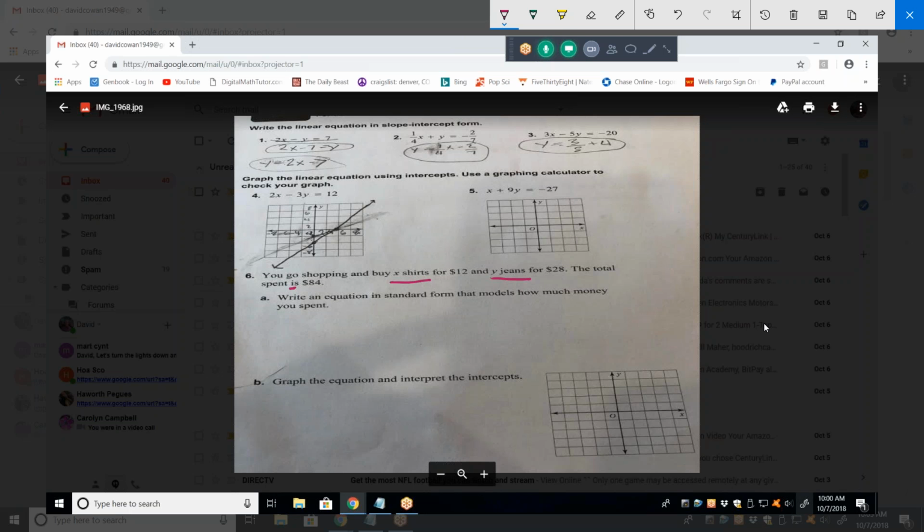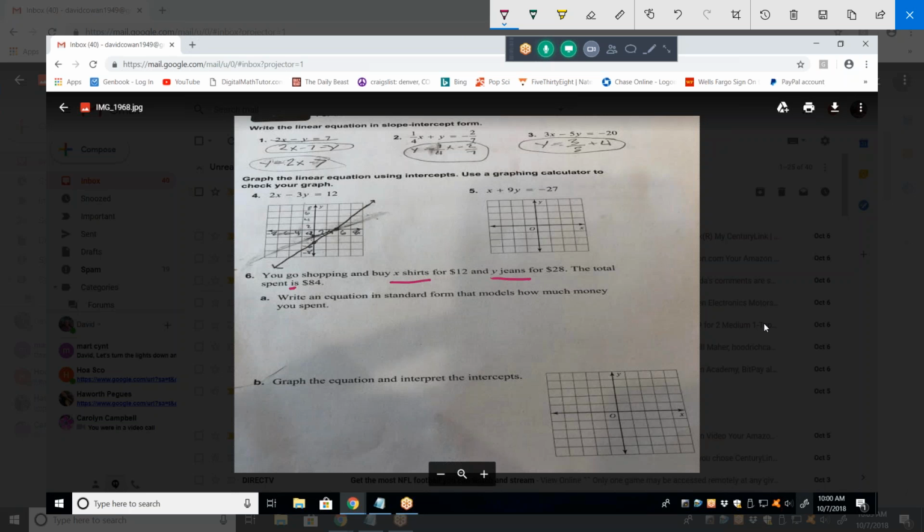How much did you spend on shirts? 12. Nope, per shirt. How many shirts did you buy? Well, you don't know. You bought X. If you bought X shirts, we're going to solve for X. You're right, we don't know what X is right now.